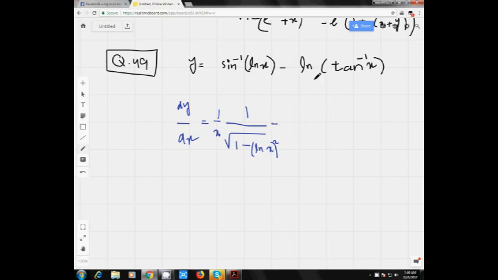Minus, next you have to apply the rule of derivatives of natural logarithms, and it is 1 divided by the quantity upon which the natural log is applied. So 1 divided by tan inverse x times the derivative of this quantity. It is tan inverse x, and its derivative is 1 divided by 1 plus x square.